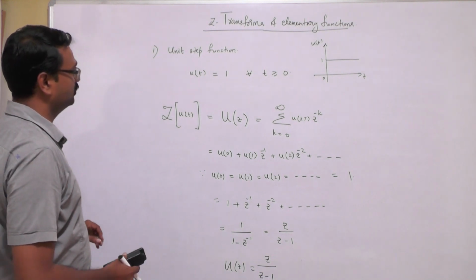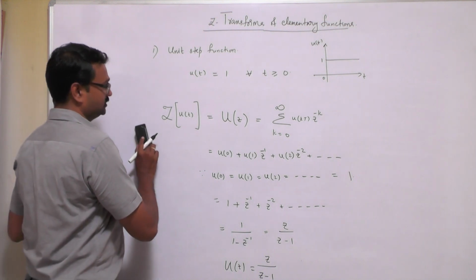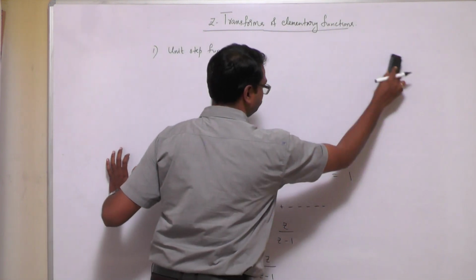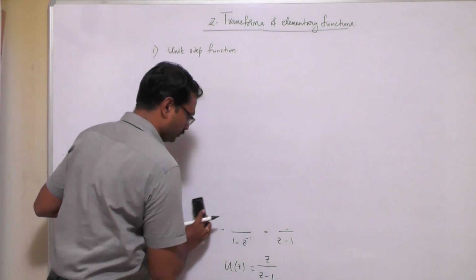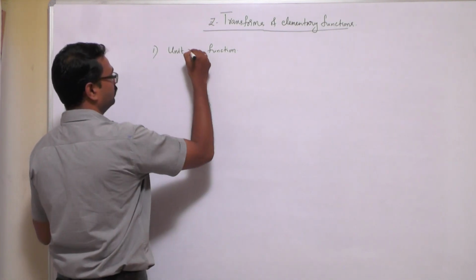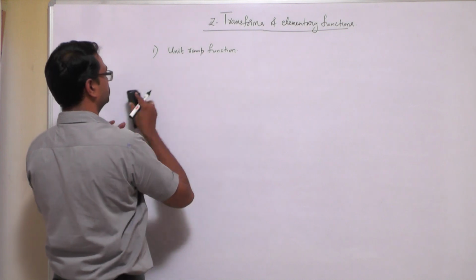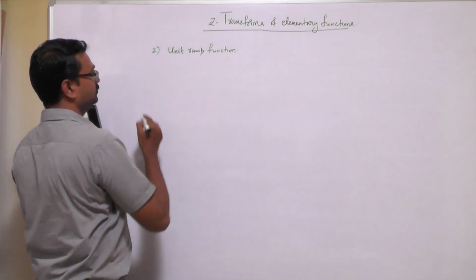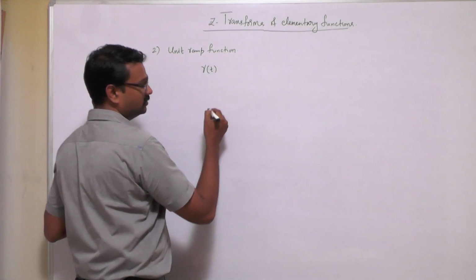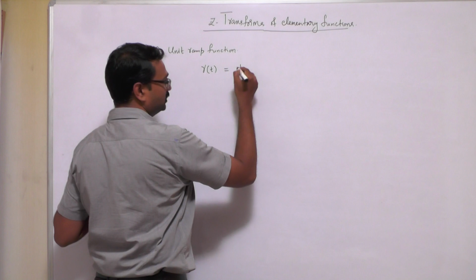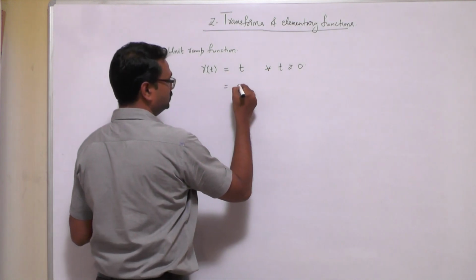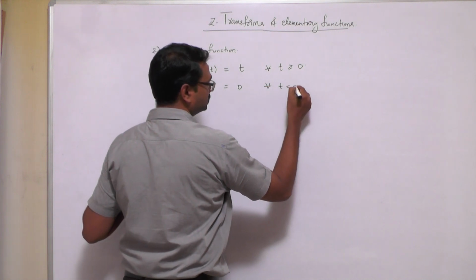Now in a similar way we will go for the unit ramp function, which is our second example. We know that r of t is a ramp function, which is nothing but t for all t greater than or equal to 0 and is equal to 0 for all t less than 0.